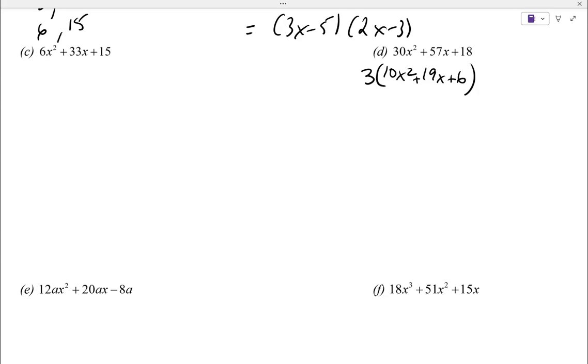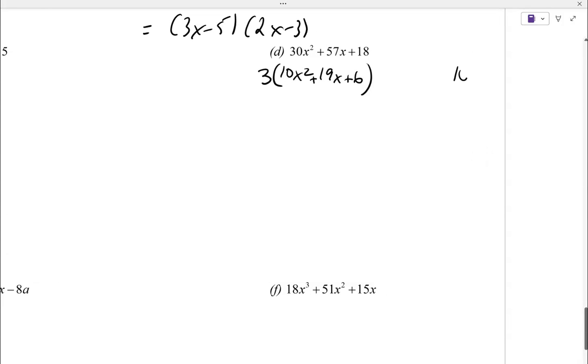What's the next step? 10 times the 6. Good. Take your leading coefficient times your constant. 10 times 6 is 60. So again, we're going to look for factors of 60. Well, 1 and 60 certainly works. Does 2 go into 60? Get 30. Good.